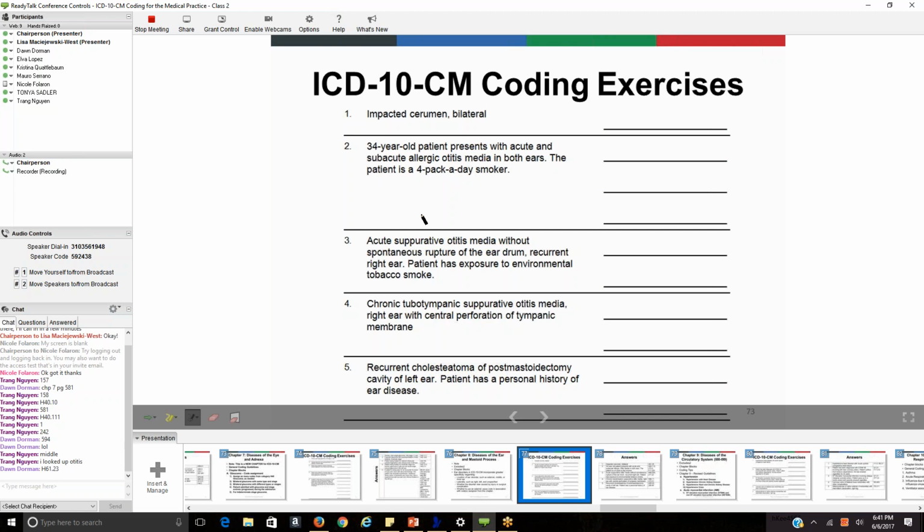We have acute, and suppurative, and it's in the 3rd column.